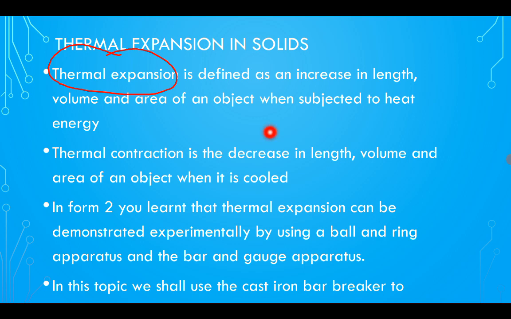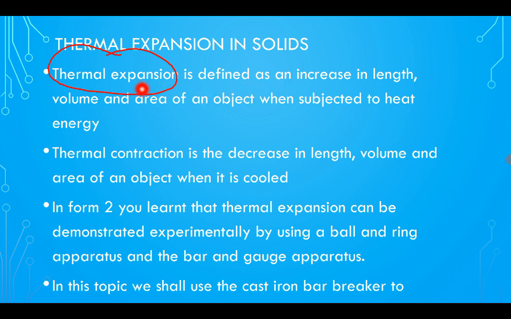Let's say that the object was at 45 degrees Celsius, and then it is cooled. It is moved from the source of heat and allowed to cool. As it is cooling, its size is going to decrease. The quantities that decrease as the body is being cooled are length, volume, and the area.